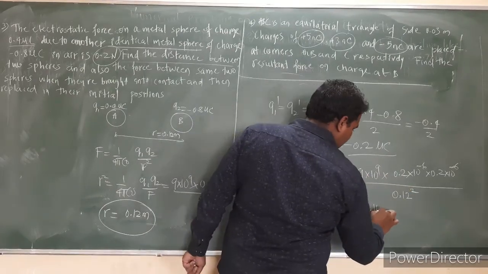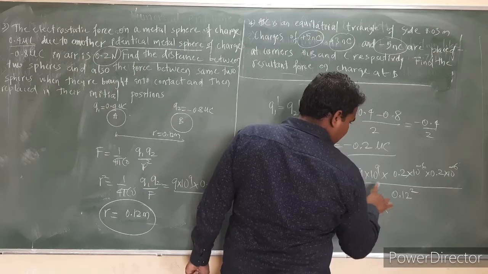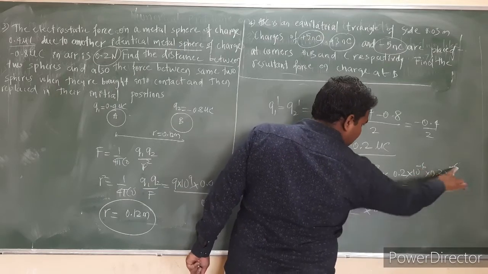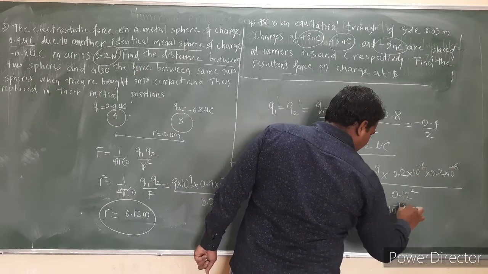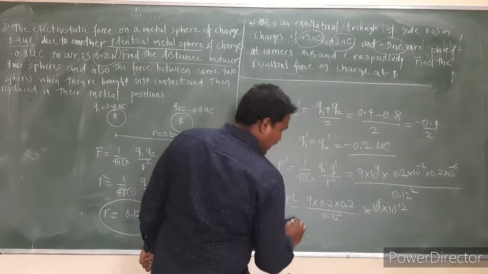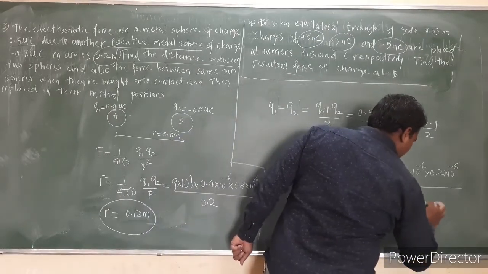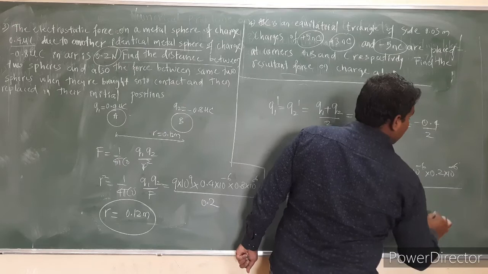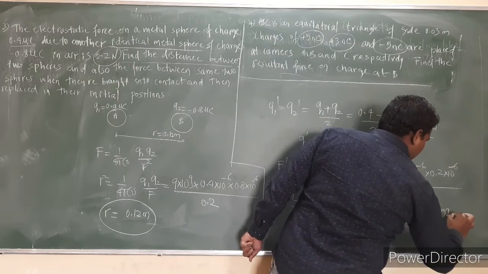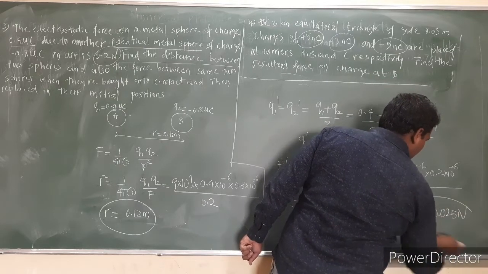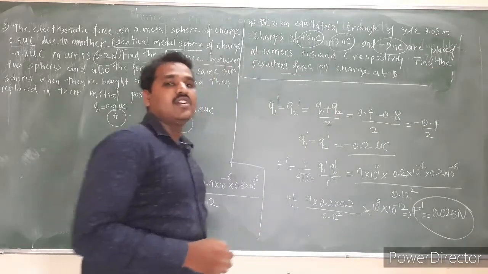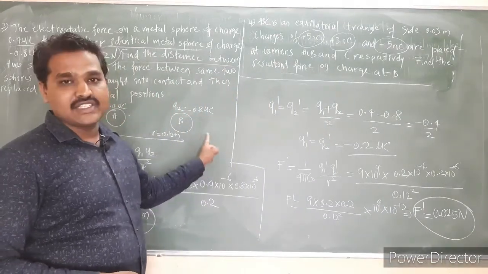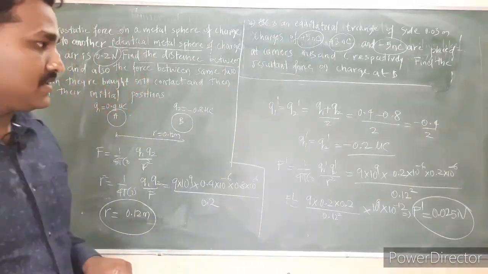I write them separately: 10 raised to 9 into 10 raised to minus 6 into 10 raised to minus 6, that will be minus 12. So at the end, the new force F dash will be equal to 0.025 Newton.